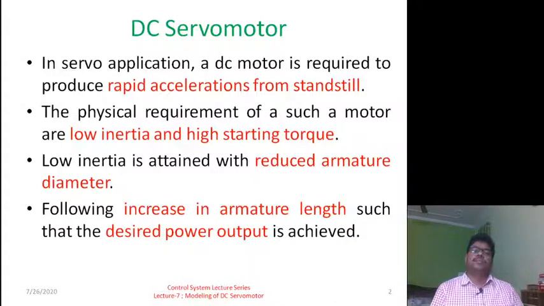Such a motor should have a low inertia and high starting torque. The low inertia can be attained by reducing the armature diameter, and the desired power output can be achieved with the increase in the length of the armature.